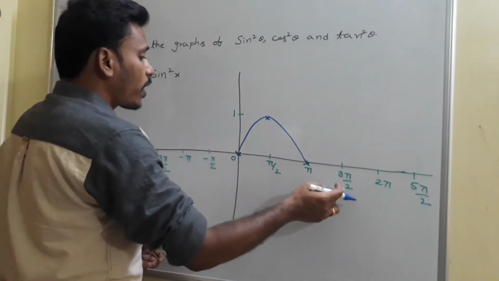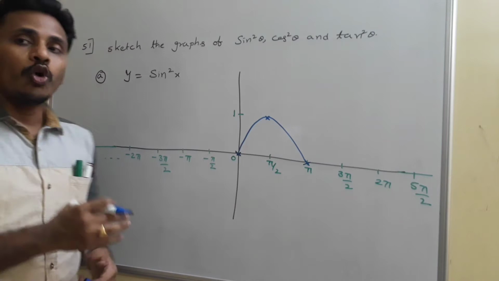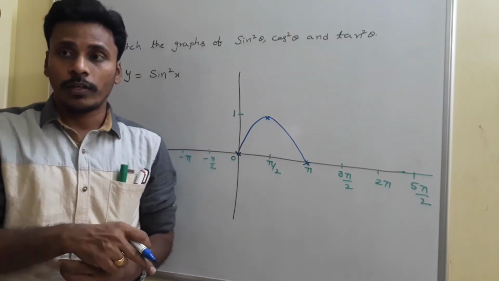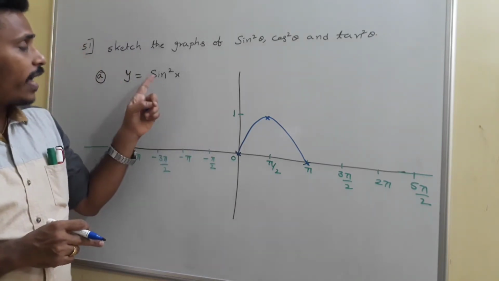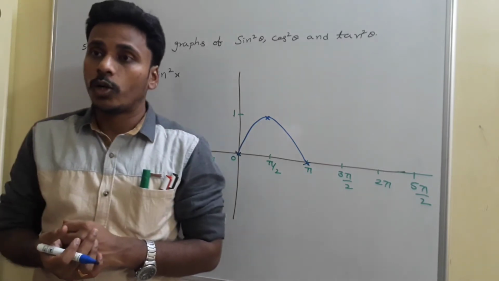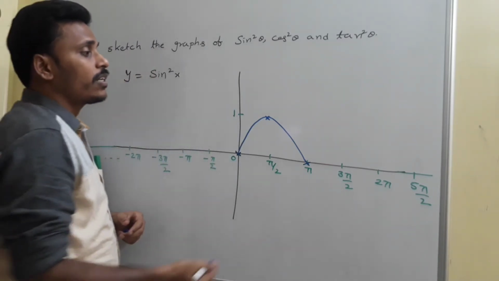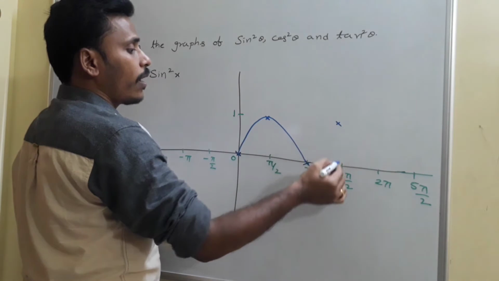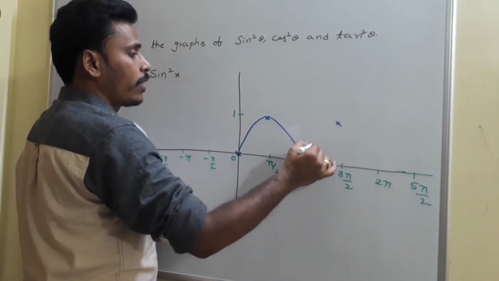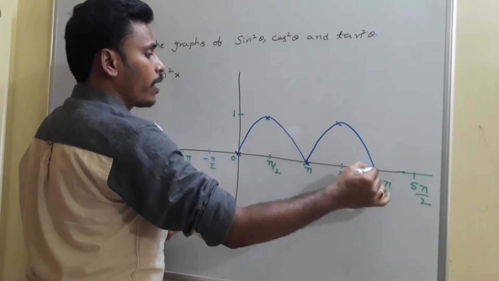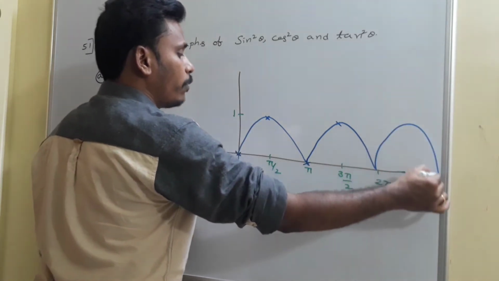For example, sin 270 is minus 1, but here the expression is sin square 270, which is again 1. So here also you get a 1 at 270, and the graph will be like this. Again from 2 pi to 3 pi the graph will be like this.